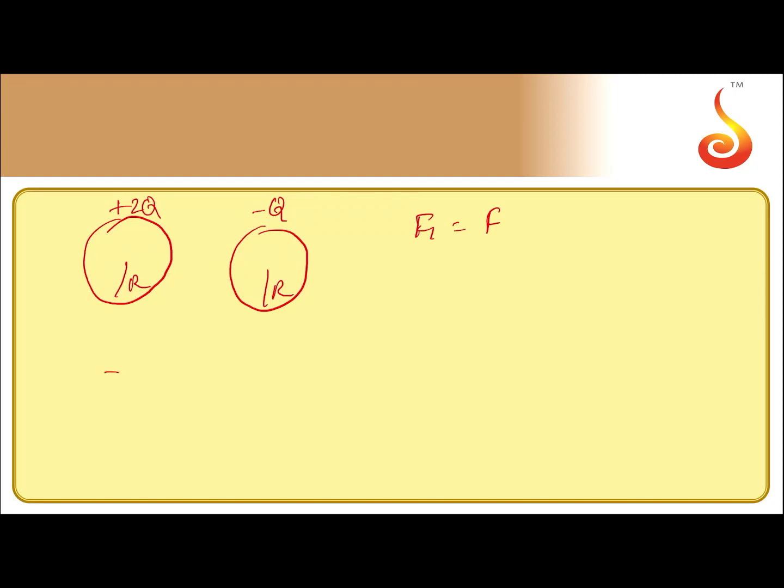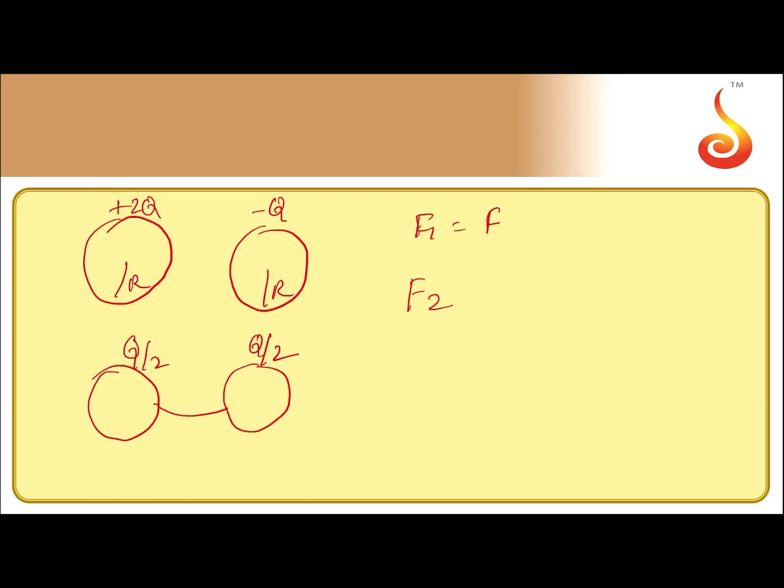Later they are joined and the conducting wire is removed. When these two are joined, the net charge on the system is 2q minus q, that is q, and that gets shared equally, q by 2 each.